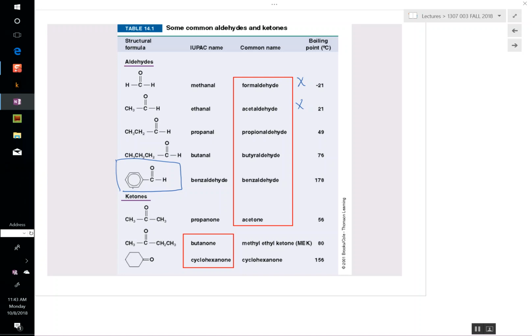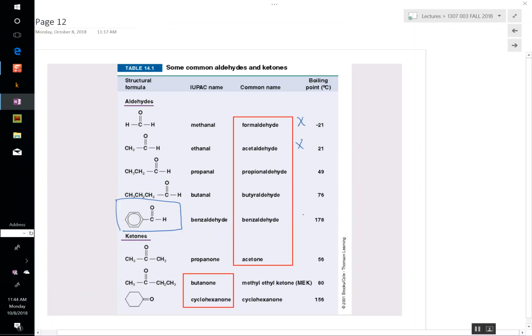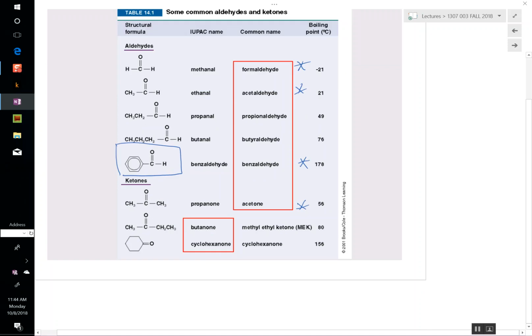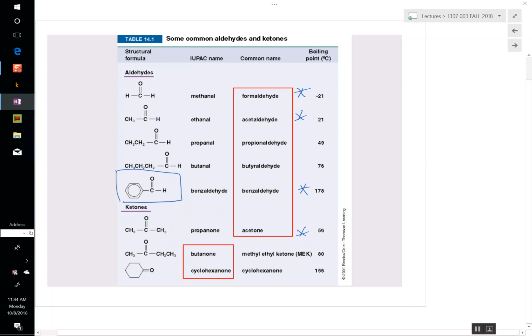Cyclohexanone. Those are probably, I'm going to just asterisk some of them. I mean, you should know them all, but if you are going for percentages, I'll pick on those. All right? And what you're going to see is that when you see form, even in a common name, it's a 1-carbon compound. And when you see acet, it's a 2-carbon compound.